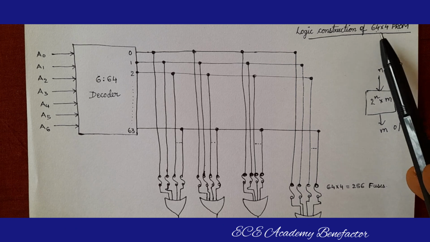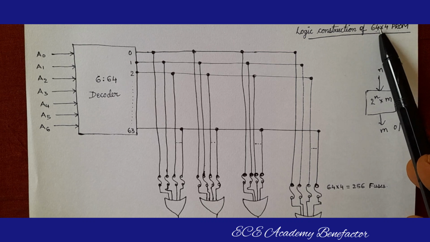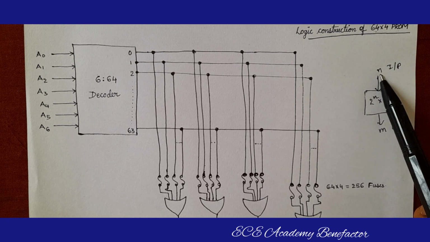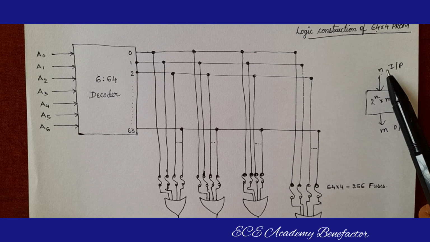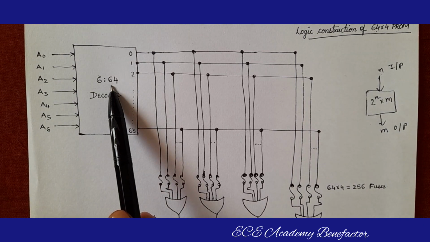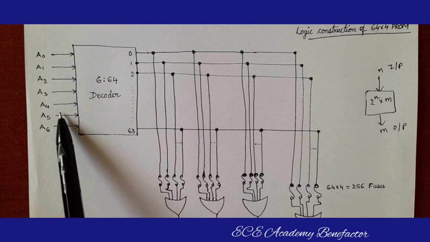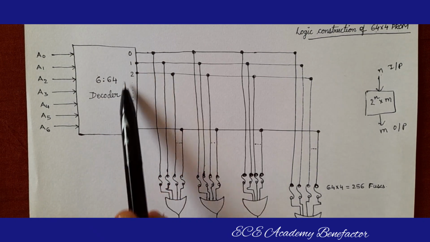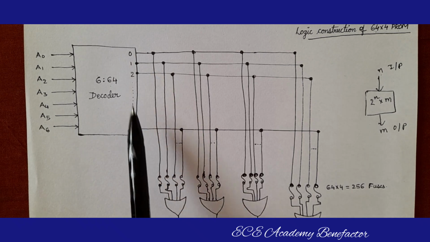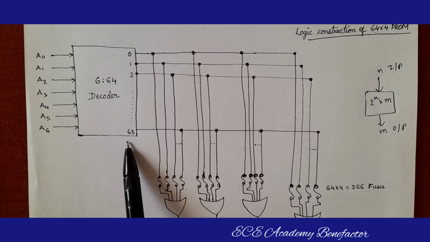So, 64 cross 4 means we need 6 input lines. So, we can give 6 input lines to a 6:64 decoder. What is a decoder doing? Input 6 and output is 64, 0 to 63, 0, 1, 2, 3 and so on till 63.